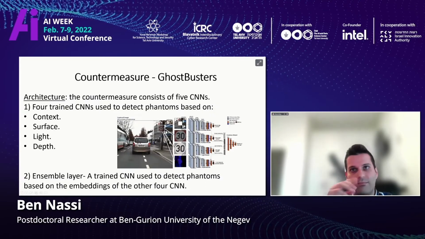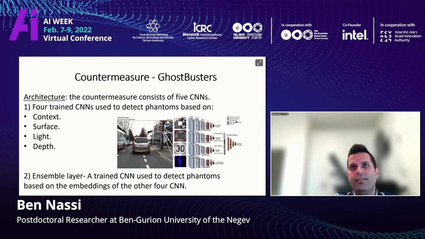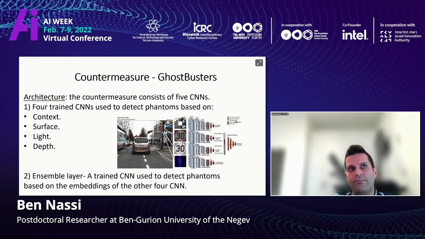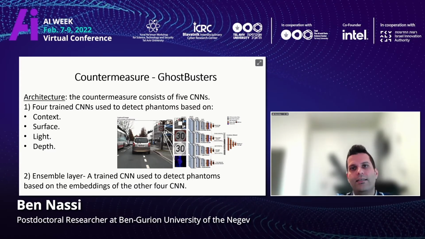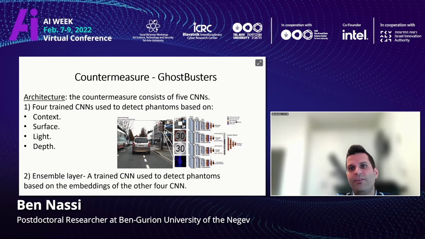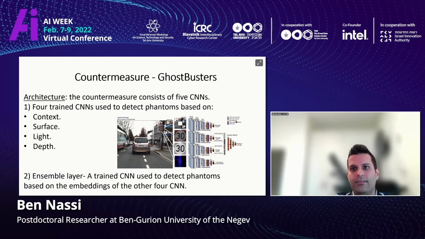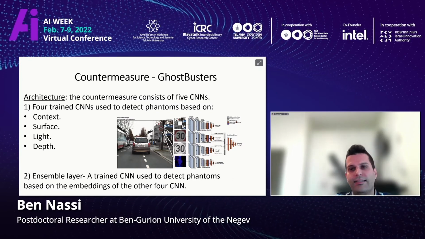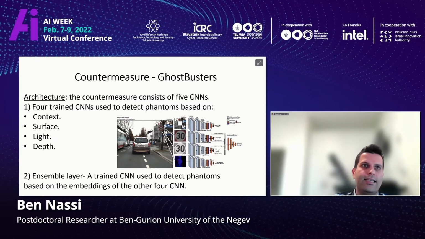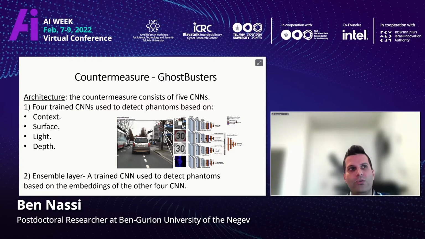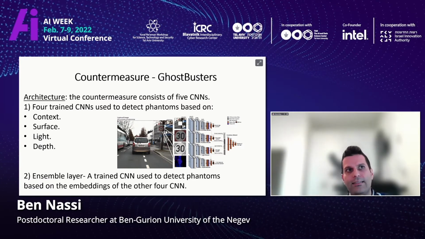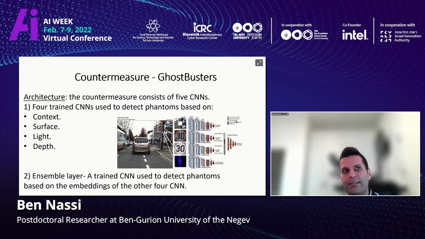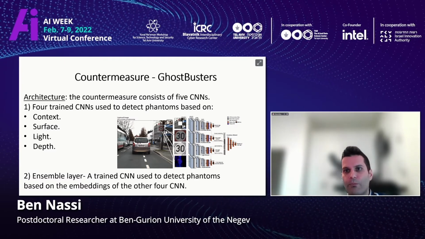The architecture of this countermeasure consists of 5 convnets. Four convnets, each of which was trained to detect specific characteristics: one was trained to detect characteristics related to context, the second to detect characteristics related to surface, and the other 2 to detect characteristics related to light and depth.